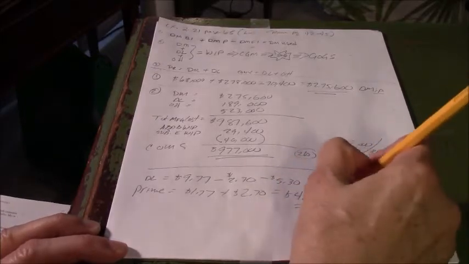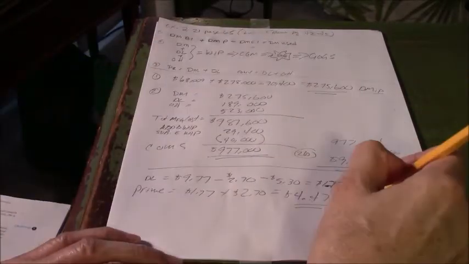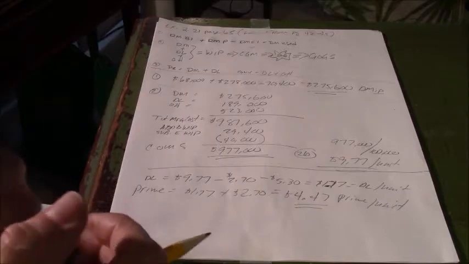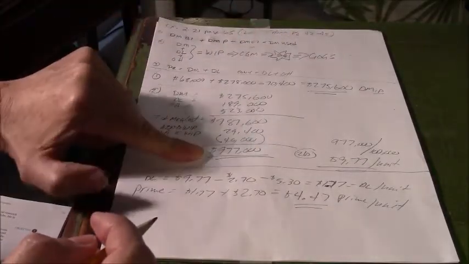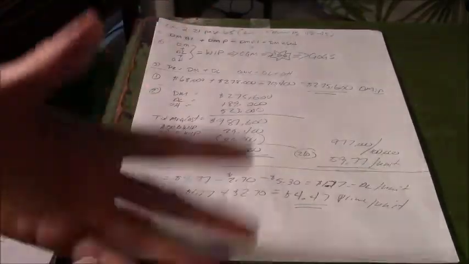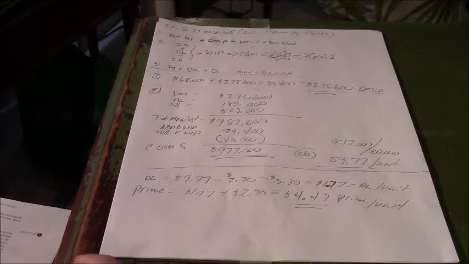So that's prime cost per unit. Don't ever get confused. Always read questions carefully because sometimes they're going to ask for total and sometimes they'll ask for per unit. So don't let that confuse you. Just always look for the word total or unit and you'll be fine.